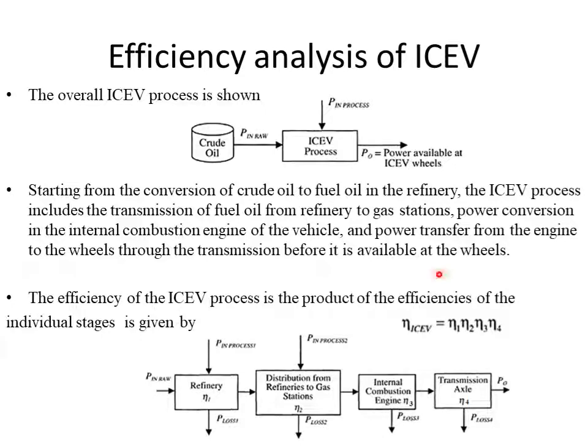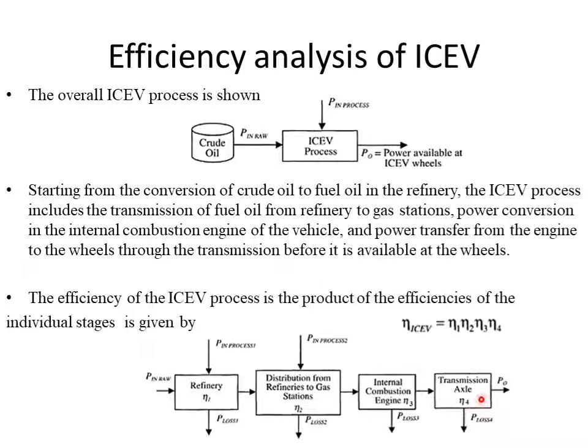Similarly, if you take the efficiency analysis of an IC engine vehicle, here also you can take the input power from two sources, P_in,raw and P_in,process, and this is the IC engine vehicle process. You can see the stages: the refinery, then distribution from the refineries to the gas stations, the internal combustion engine, and then the power is transferred to the transmission axle.